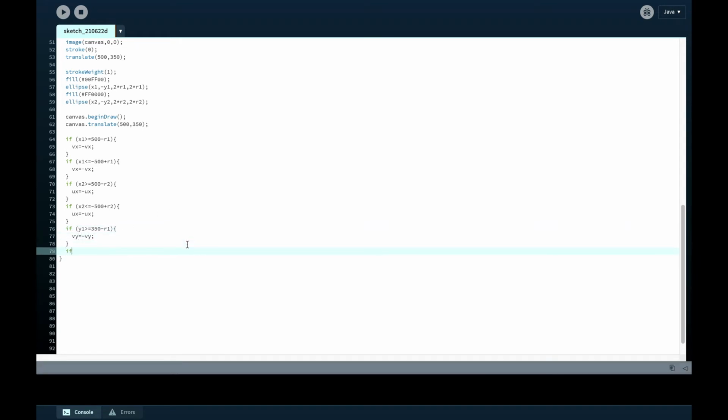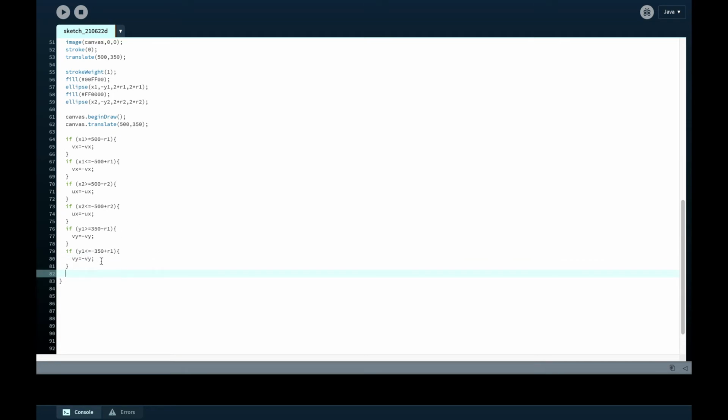And if y1 again touches the down wall, so it's smaller than minus 350 plus r1, again vy is equal to minus vy.